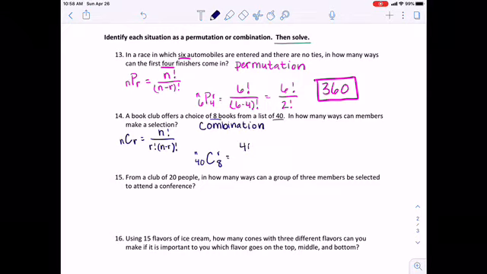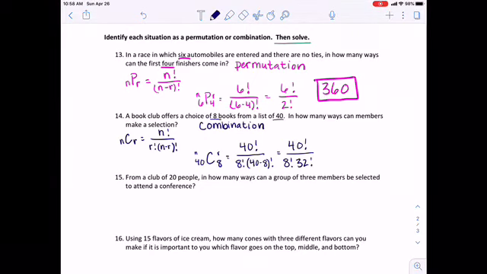So this will become 40 factorial divided by 8 factorial times 40 minus 8 factorial. If I simplify that down, I get 40 factorial divided by 8 factorial times 32 factorial.